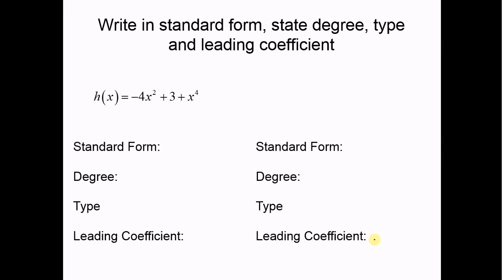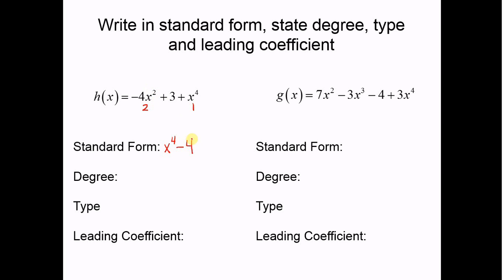So let's do these problems. Let's write them in standard form, state the degree, state the type, and find the leading coefficient as well. We'll talk about the leading coefficient once we get to it. For standard form, I'm going to make sure the highest exponent comes first. I have an x squared, no x, and an x to the 4th. So x to the 4th needs to come first. Then negative 4x squared, because it's the next highest.